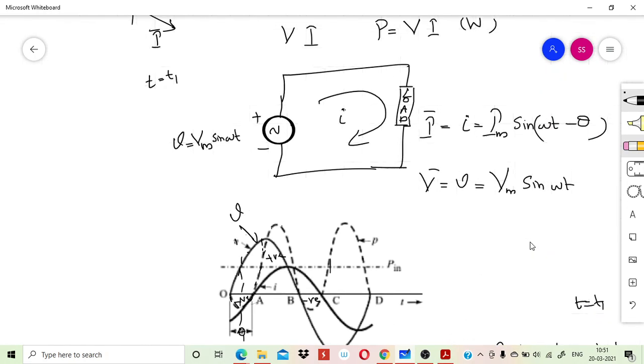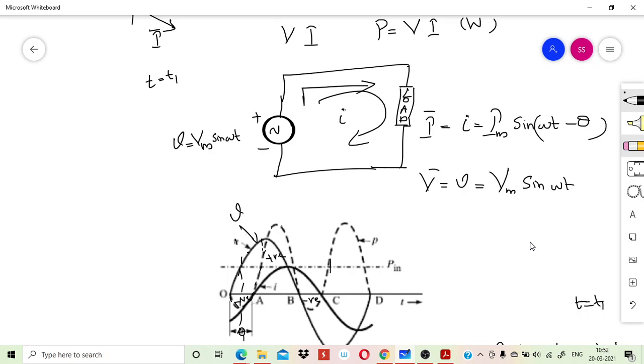So what do we mean by positive power and negative power? Positive power means power is drawn by the load. That is, the direction of power flow is from source to load. If the power is flowing from source to load, then it is considered positive power.